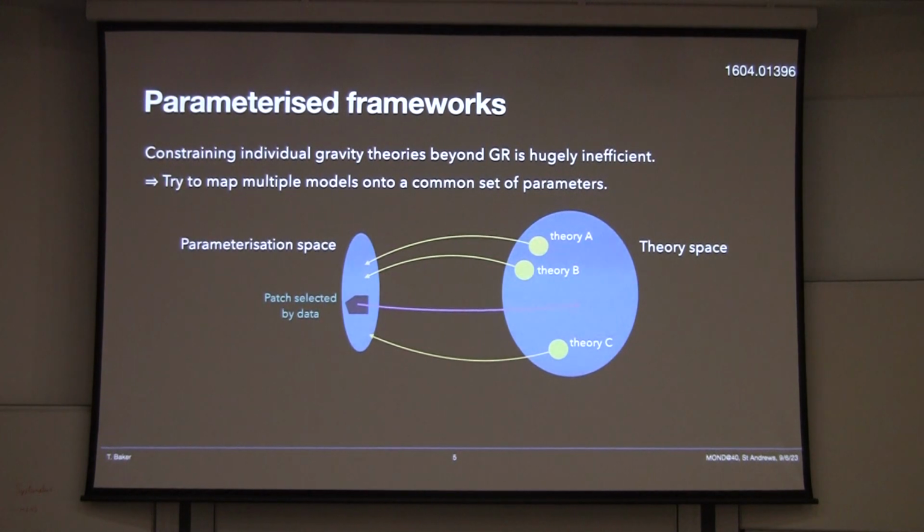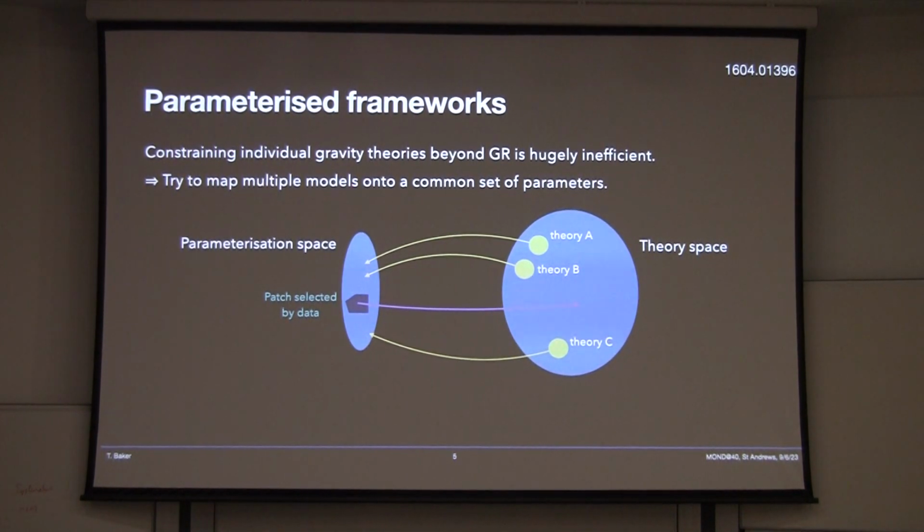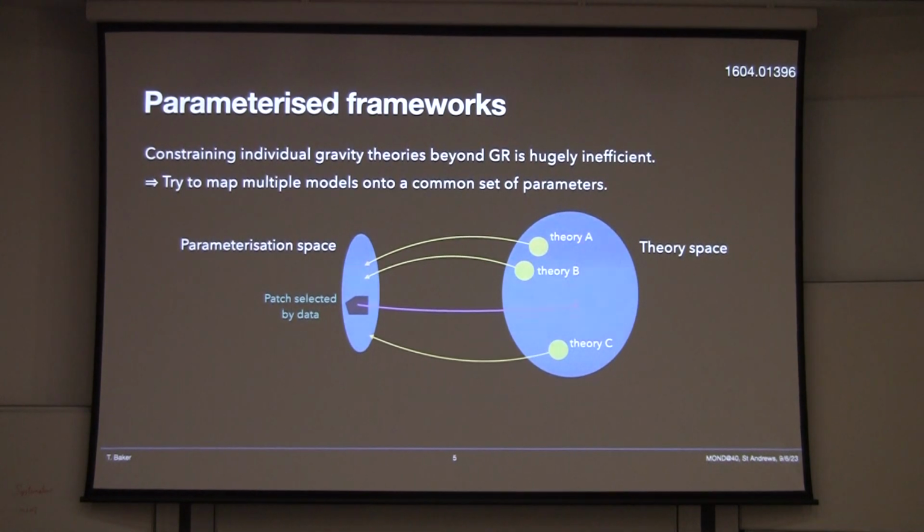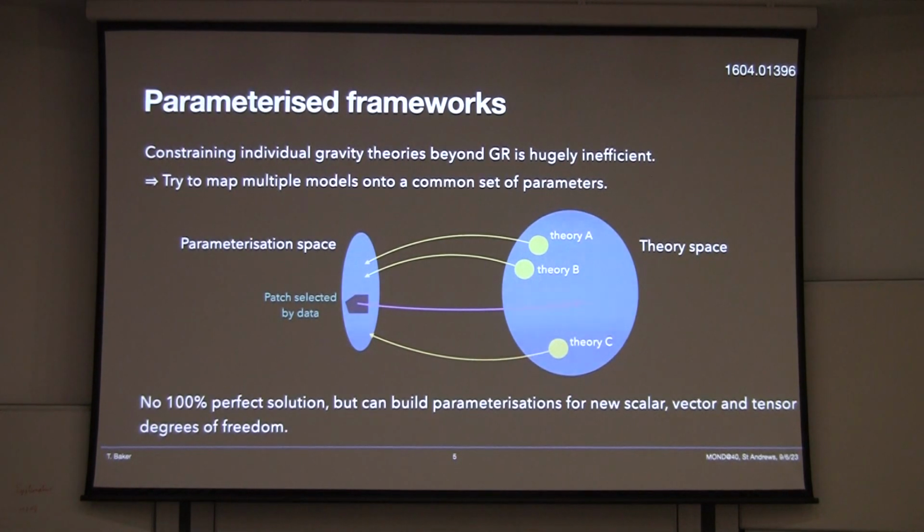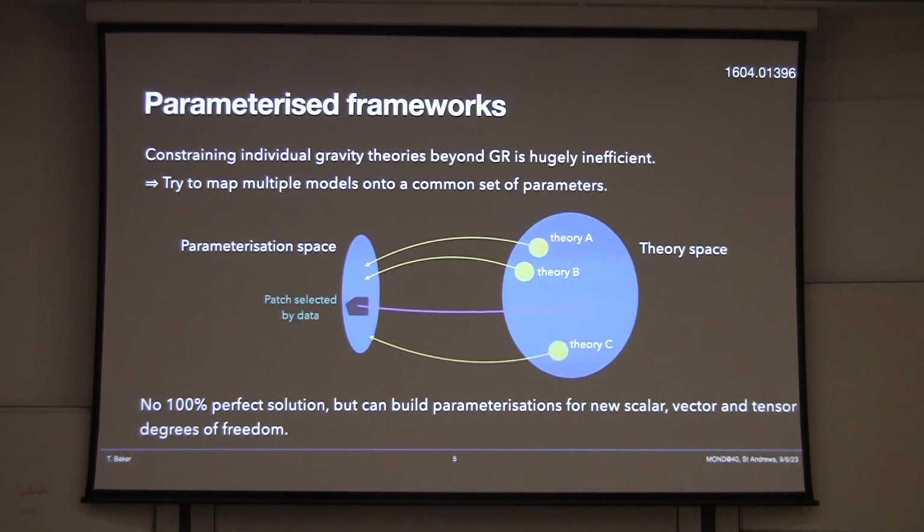So I spent a large part of my early career trying to figure out how to build these parameterizations for models of modified gravity and dark energy. And rather depressingly, I can now summarize my entire PhD thesis in one sentence, which is that there's no 100% perfect way to do this. But what you can do is build these parameterizations for families of theories that have particular field contents.